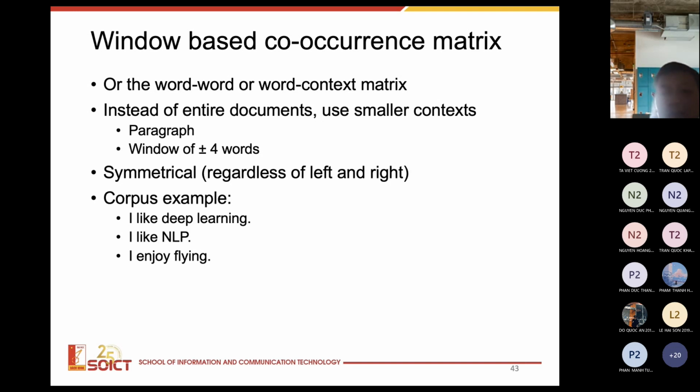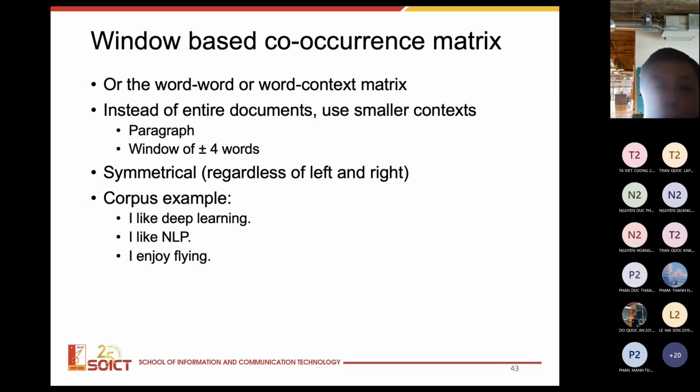So instead of associating the word with the entire document, we use a smaller context, like a paragraph, or a window, the surrounding window, like the previous words, the window we consider has words in the front and words in the back, right?